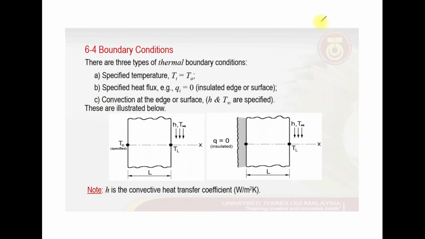The first boundary condition is known as the specified temperature, which means at one particular nodal point, or usually on the face of our plane wall, we may know the temperature of that particular wall surface.